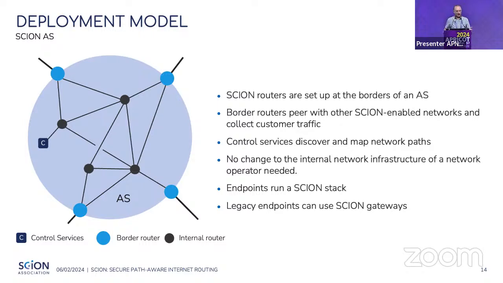And then it's the control services, which can be part of the router, but they can also run in Docker containers. They'll discover and map the network's paths. So there isn't any change needed to the internal network infrastructure. You can put SCION stacks on the endpoints, which provide some of the control for this. But there are also legacy endpoints that can be used for non-SCION enabled networks.